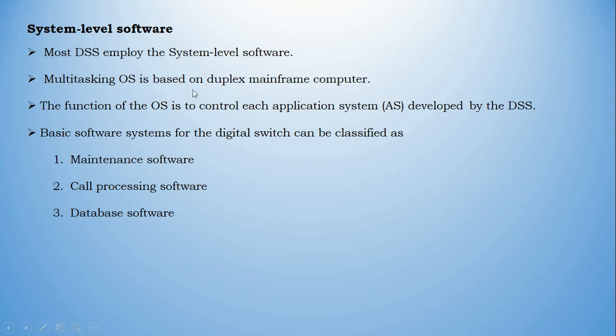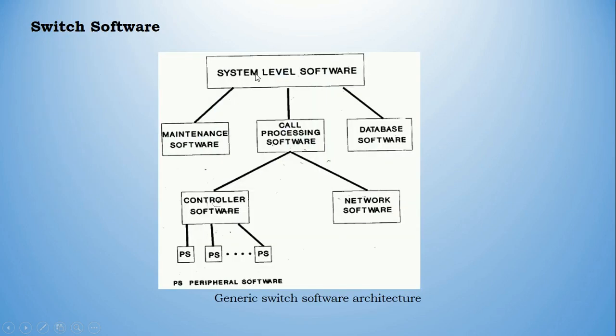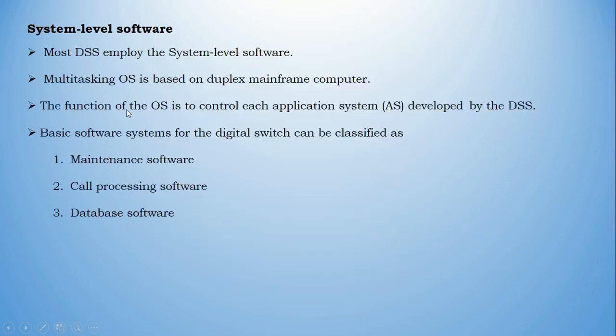Whenever you have a higher level software, in the diagram you can observe that it maintains call processing and database software again, that means multitasking. The function of the OS is to control each application. And the basic system level software has 3 options: maintenance, call processing, database.